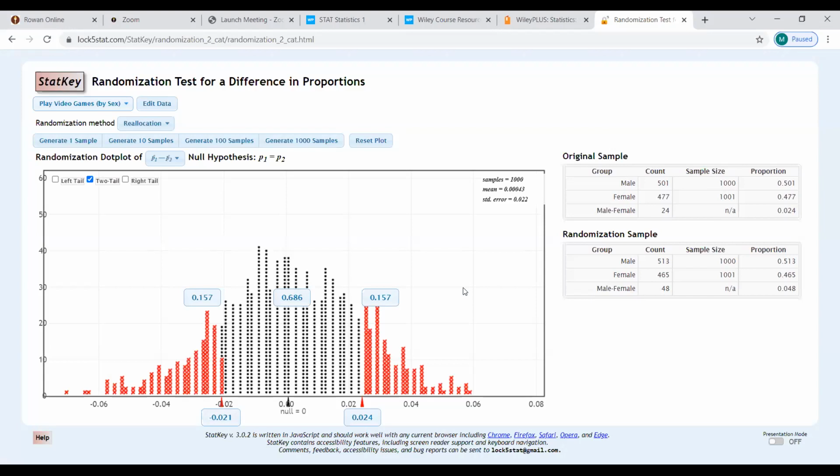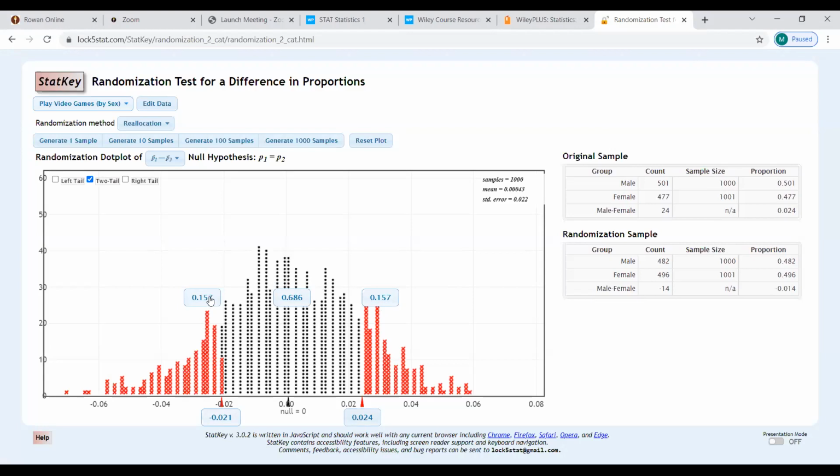So this is a little different than the other two cases that we were looking at, the left tail and right tail cases. This is where we now have two tails. Notice that the number up here is 0.157, but it shows the same number on the left.